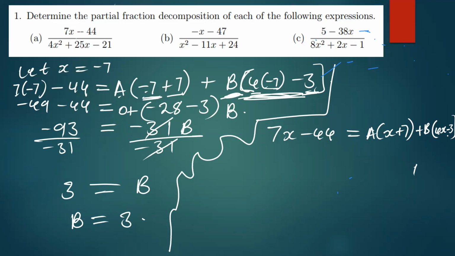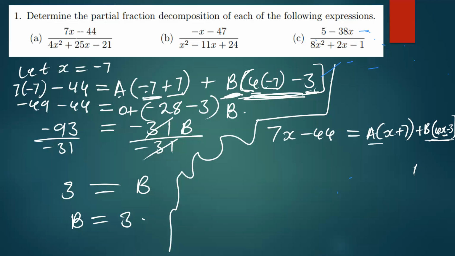We find a number again, or we can compare the coefficients. So there are two ways. If you want, you can find the number that will make this expression a 0. I mean, we're trying to find the value of A, not B. So we have to make this part a 0. So do we have a number that we can put at x and make it a 0?